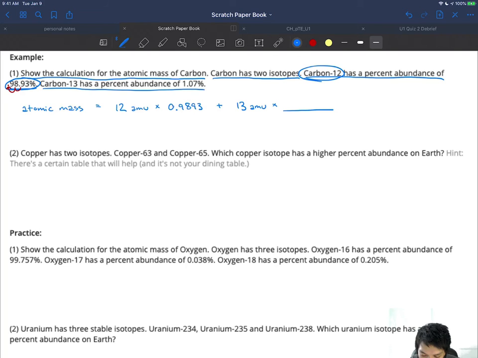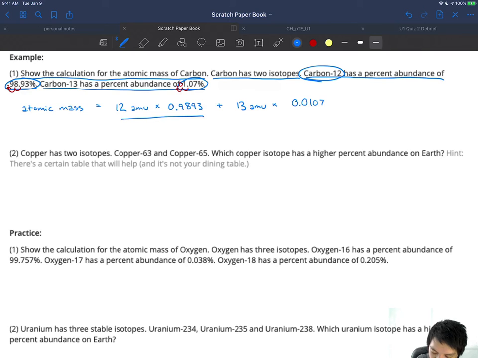In other words, I take the percent number right here, and I move the decimal back twice. 1, 2. If I take that number and divide it by 100, it would be the same thing as this. This is the decimal form of that percentage.